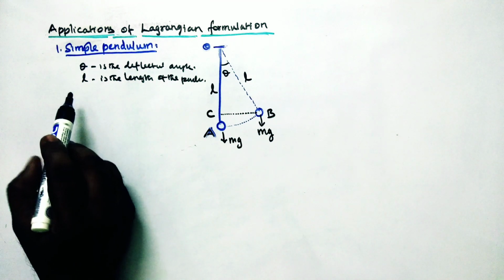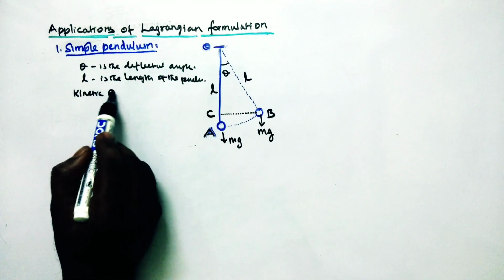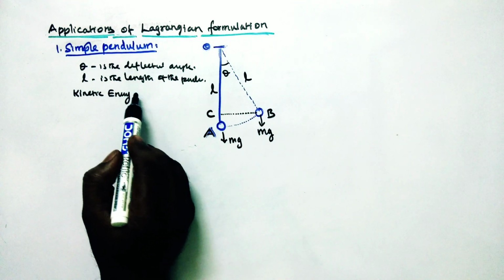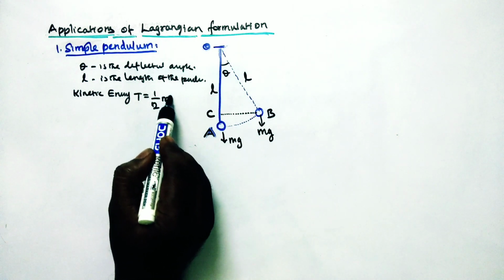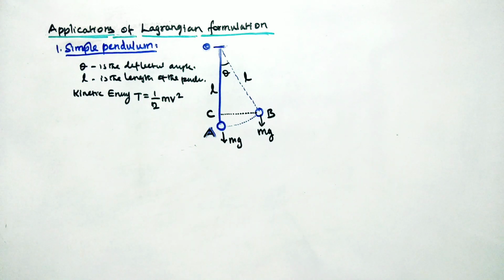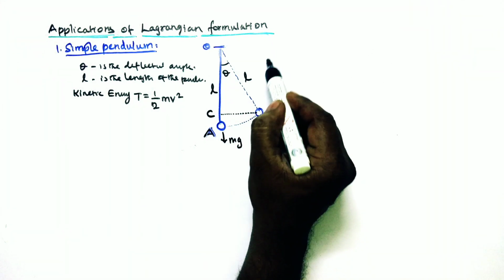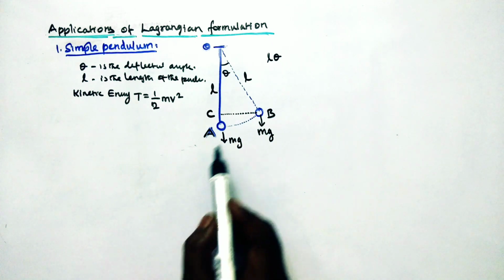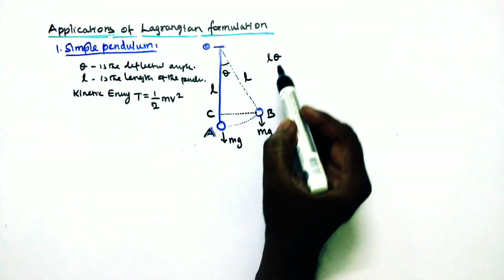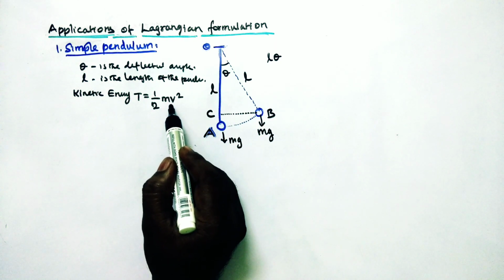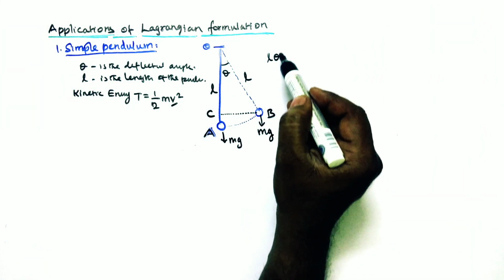Now we can write the kinetic energy of the pendulum, that is T equal to half mv square, the general form. We can easily write the arc AB as L theta. Here theta is varying with respect to t, therefore we can calculate the velocity with respect to theta.